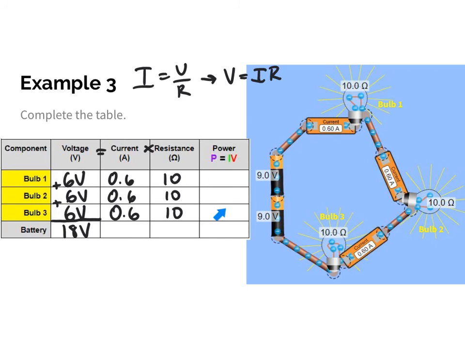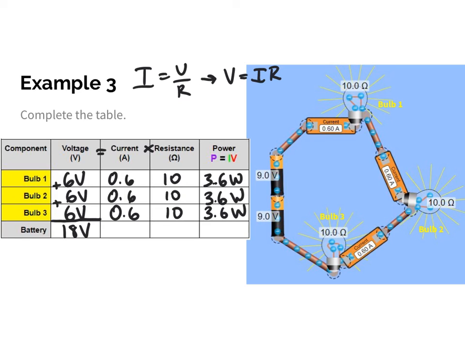All right, then to find power, if I want to find the power utilized by each of these bulbs, what I'm going to do is just take the current times the voltage. So I would take 6 volts times my 0.6 amps, and that would give me a power rating of about 3.6 watts for the first bulb, as well as the other bulbs since they all have the same.